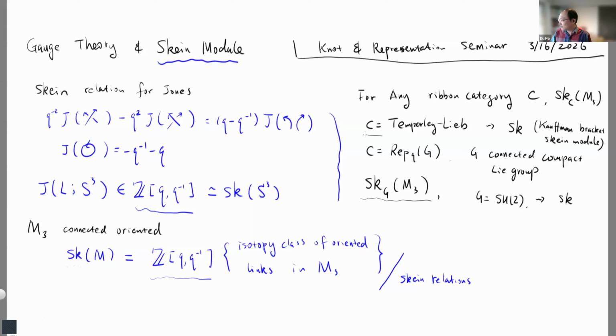So when C is a Temperley-Lieb category, then it will give back the original Kauffman bracket skein module. But here I'm writing the skein relation for the Jones polynomial. So strictly speaking, I can only recover this with G being SU2. But as the Kauffman bracket polynomial and Jones polynomial contain the same kind of information, for the skein module they are also isomorphic. So Sk would equal to Sk SU2.